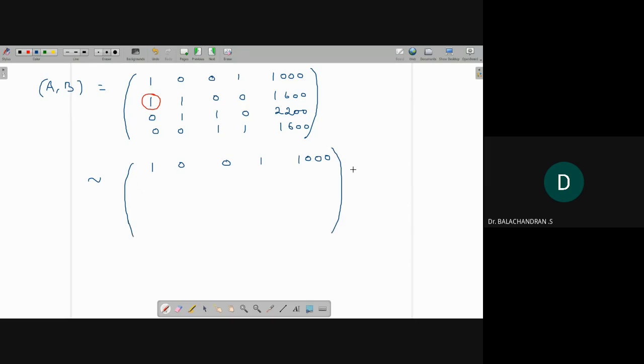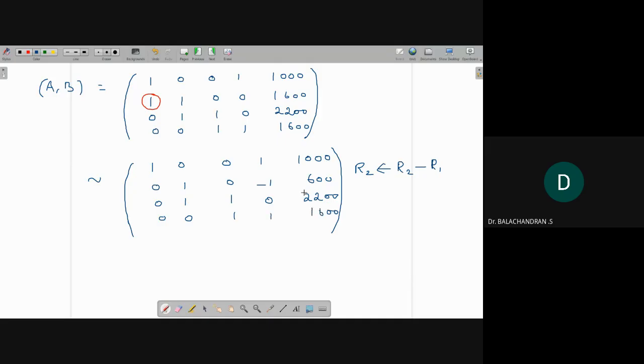In place of R2, R2 minus R1, so 0, 1 minus 1 is 0, 1 minus 0 is 1, 0 minus 0 is 0, and 0 minus 1 is minus 1, and 600. Second and third rows as they are. So 0, 1, 1, 0, 2200, and 0, 0, 1, 1, 1600.